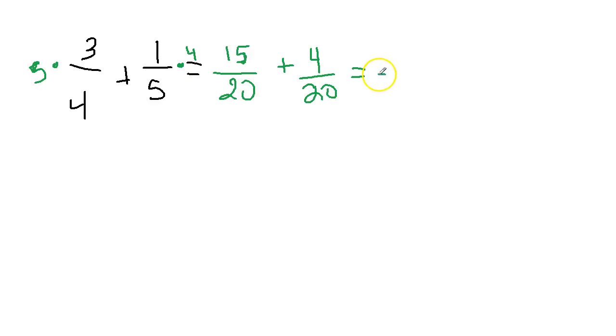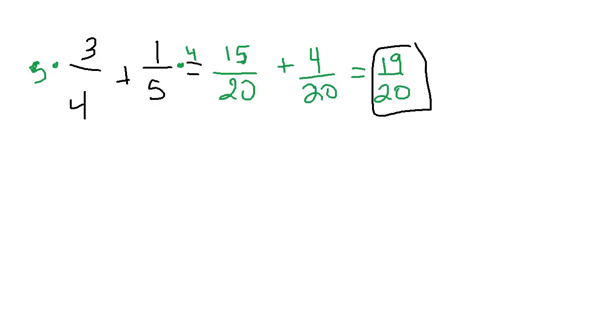So what we're going to do is keep our 20 and add our numerators, which makes it 19. Now, that is our simplest form. Therefore, the answer is 19 over 20. Easy peasy.